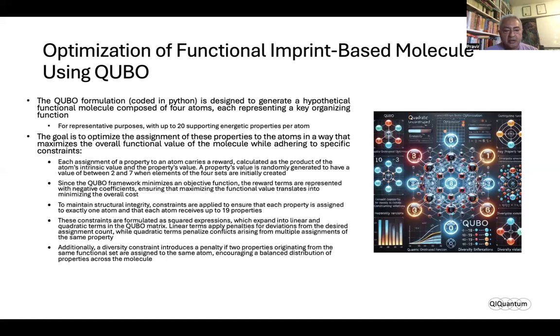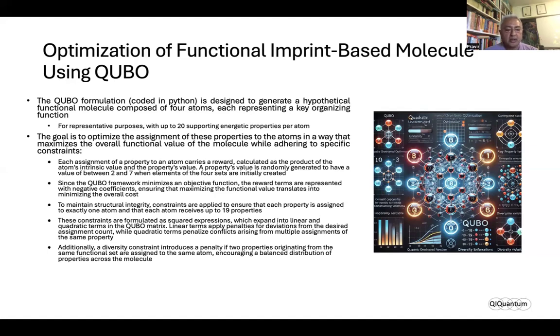And then there was a random value generated to that property. And then with every additional energetic imprint assigned to that atom, the value of the atom was essentially incremented by the product of its intrinsic value and the added energetic imprint. So that was just the way it was set up. There's many different ways it could be set up. And then this became the objective function.